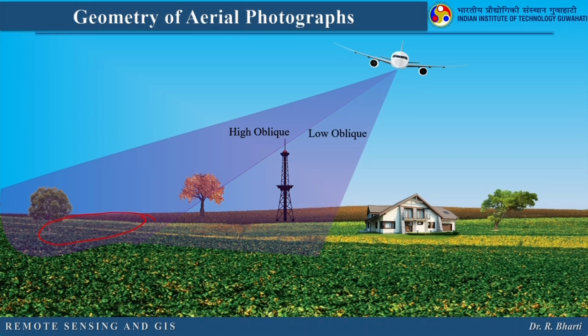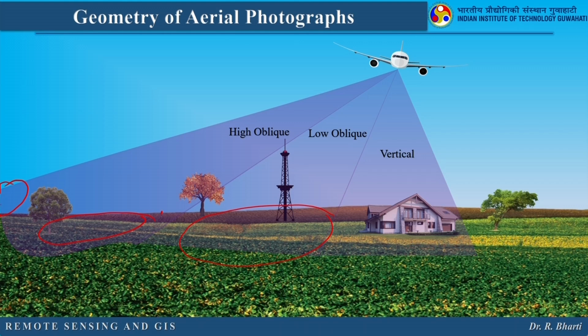In low oblique photographs you cannot see sky. This is the basic difference between high oblique and low oblique photographs. So in high oblique you will have some portion of sky, whereas in low oblique you will not capture any of the sky, you will have only ground.